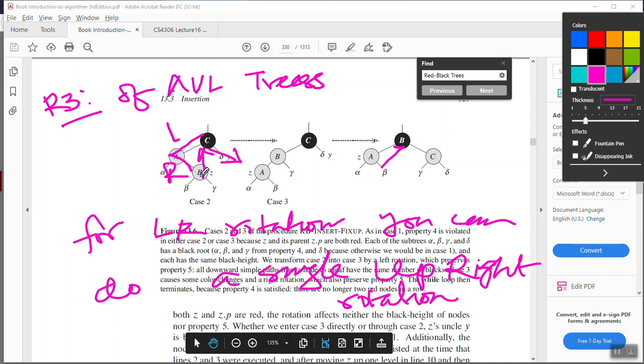Up means B's value is going up, and C's node is going here.